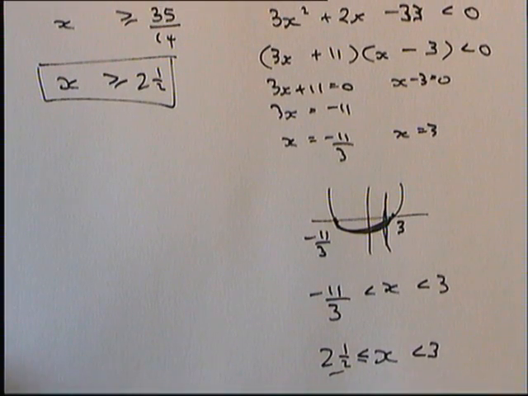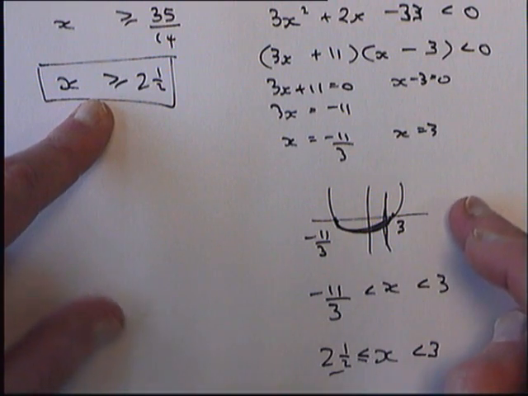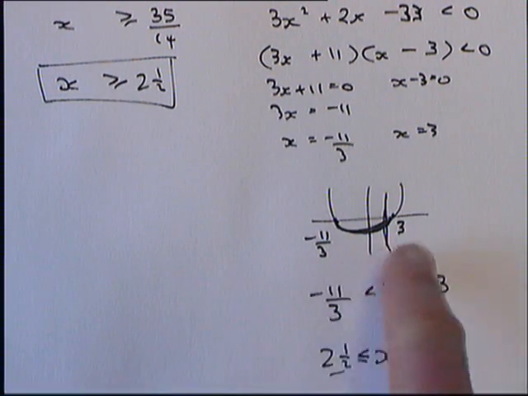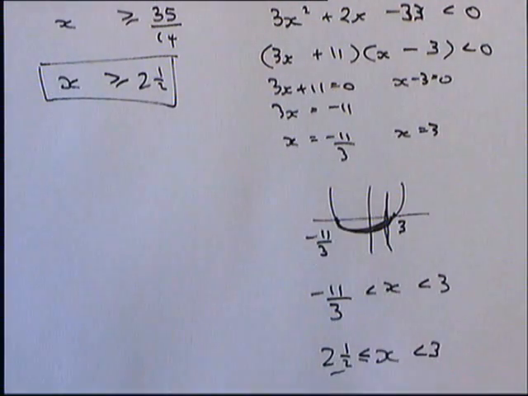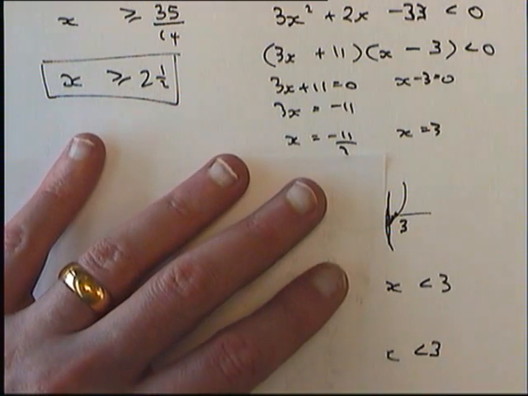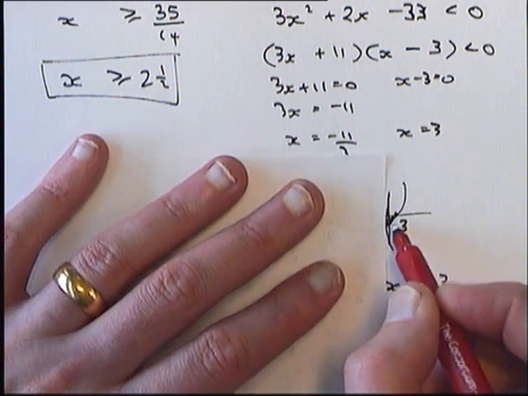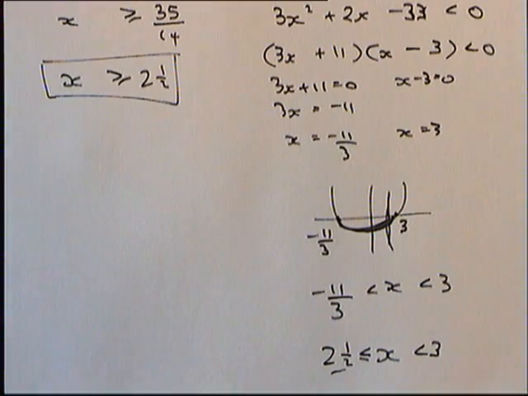So the very final bit was by combining these two things. Once you knew that x couldn't be smaller than 2.5, effectively you were wiping out all of the graph up to there, and we could only have this little bit left between 2.5 and 3.